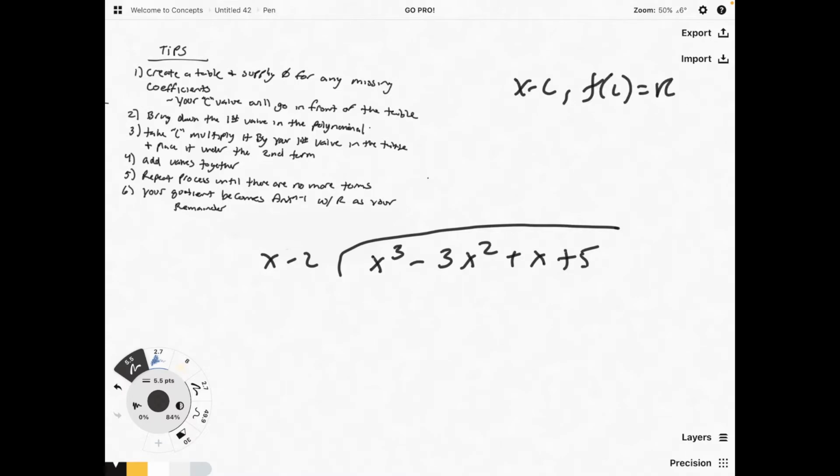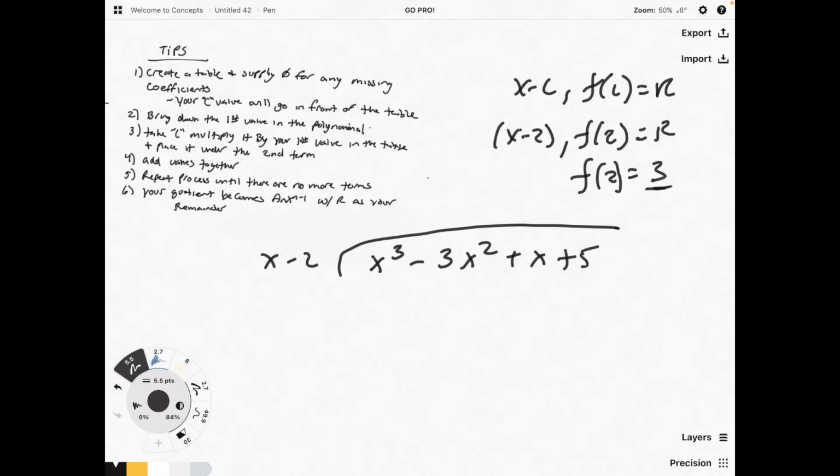In this case, we have x minus 2, where c is equal to 2, so f of 2 is our remainder, and if you recall, f of 2 is equal to 3. If you want to, you can plug this in. We have 2 cubed, which is 8, minus 3 times 2 squared, which is 4, times 3 is 12, 8 minus 12 is minus 4, plus 2 minus 2 plus 5, that's 3, and that's equal to what we have right here.